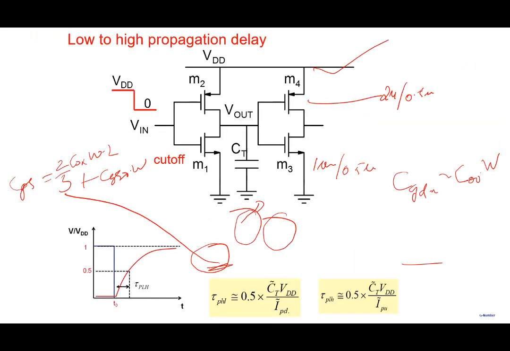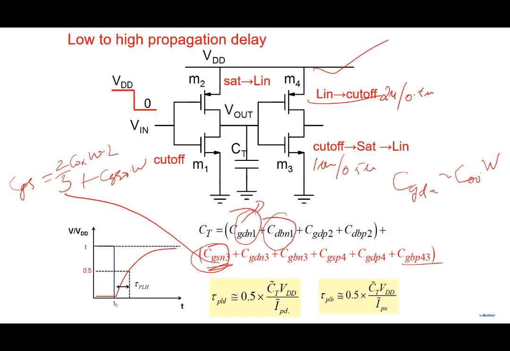Two micron and 1 micron. Where is the information about the area of the drain and the perimeter of the drain? There is none. When you are done with the schematic design, all you have is W by L. You don't have the area and perimeter of the drain. So the issue is, how do I estimate this then?